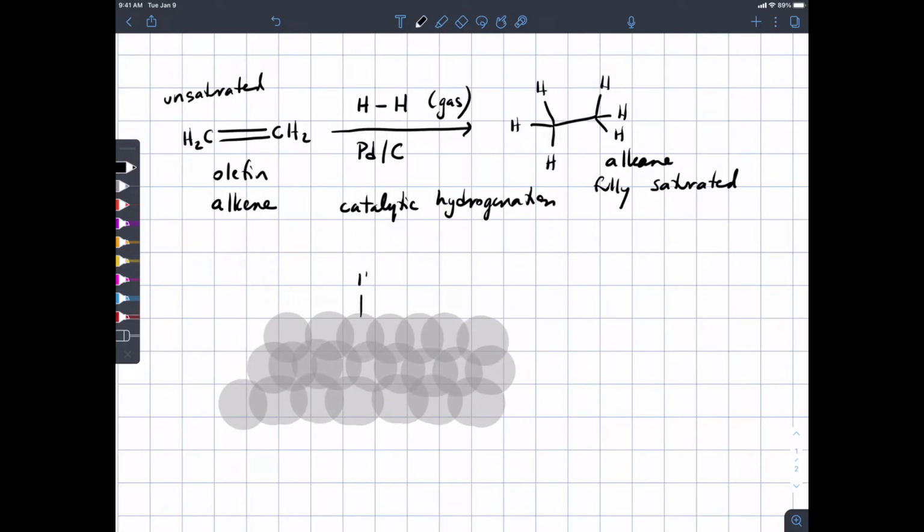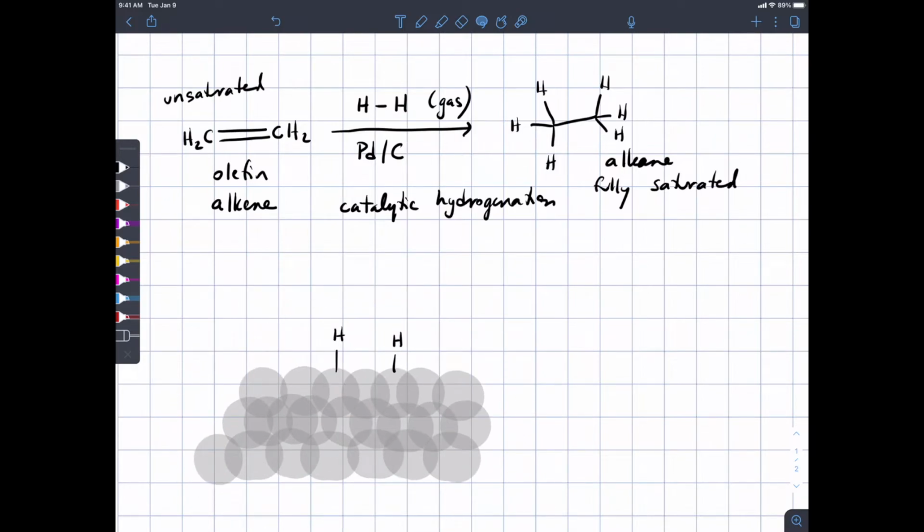So you end up getting palladium-hydrogen bonds here on the metal surface, and then you end up having the alkene, or the olefin, sit down on the metal surface.